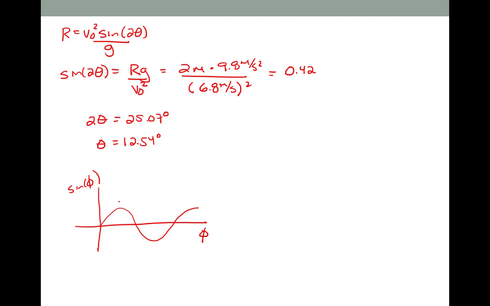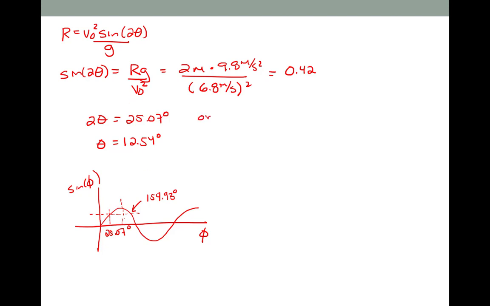And if we look in the first and second quadrants, there are two angles where sine phi equals the same number. And those two angles are going to be symmetric around 90 degrees. Which means if this one is 25.07, that one is 154.93 degrees, symmetric around 90 degrees.